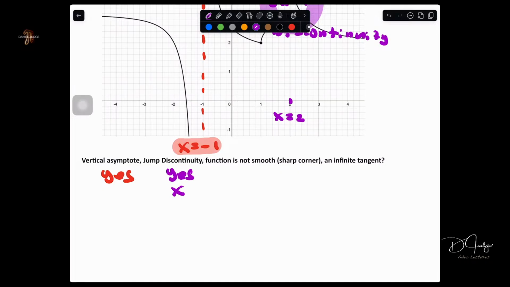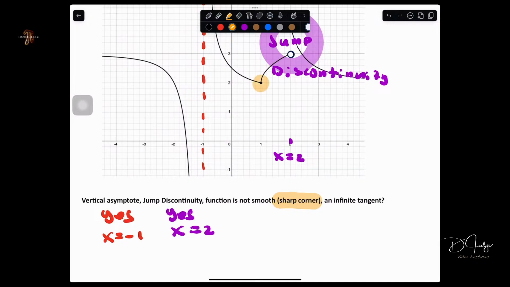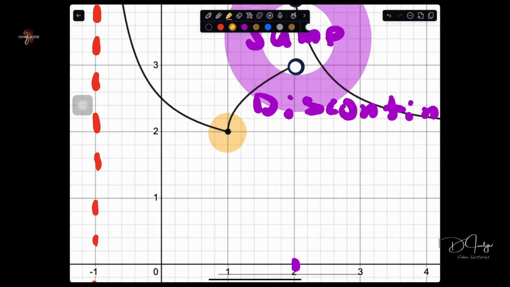Yes, at x is 2. We're going to bring this down here maybe. Okay. Do you have a sharp corner anywhere? Let's get out the orange. Yes, we've got a sharp corner here. It's not smooth.